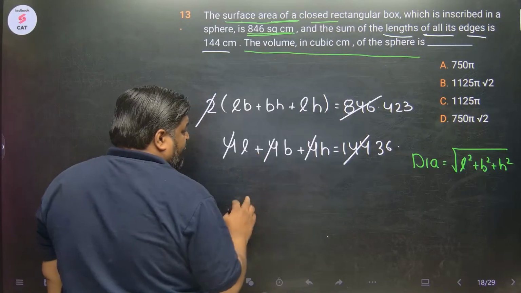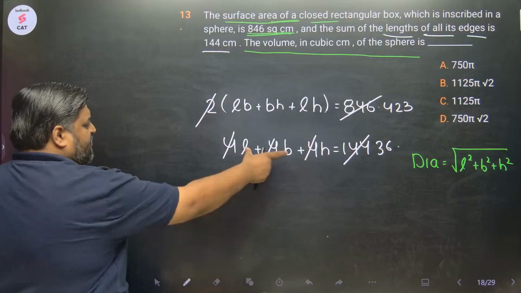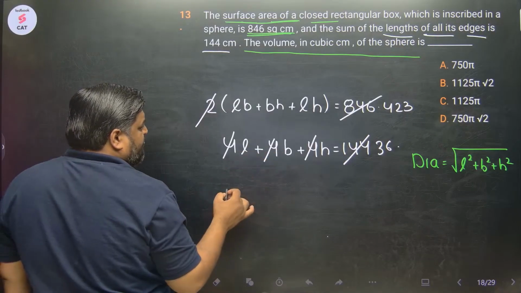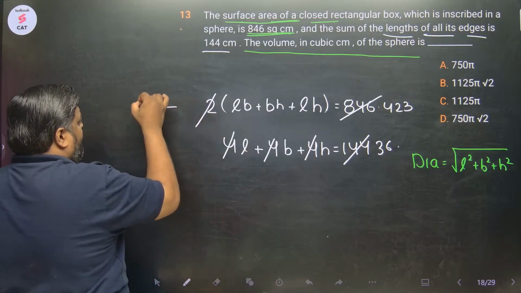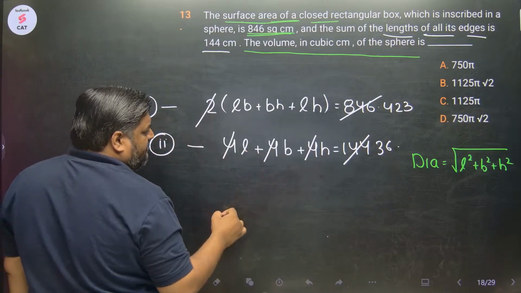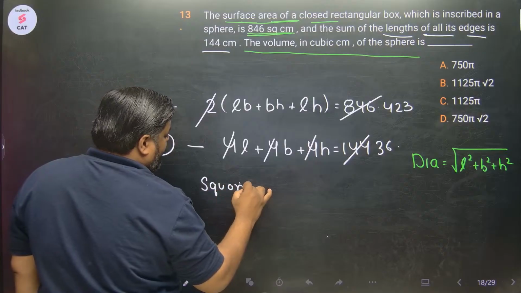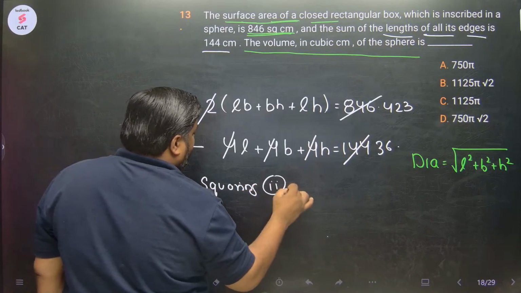अब how to relate, मुझे निकालना है L स्क्वायर B स्क्वायर H स्क्वायर. It's very easy. इसको स्क्वायर कर दो. Let this be equation 1. Let this be equation 2. Squaring 2, what you will get?